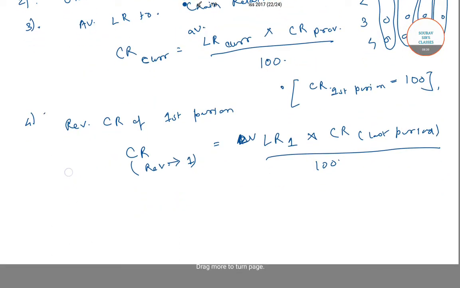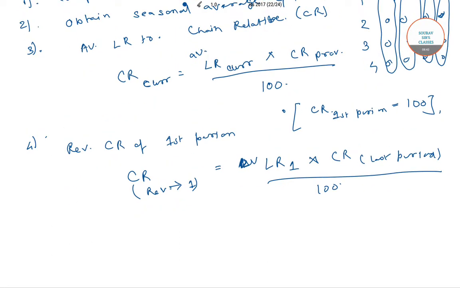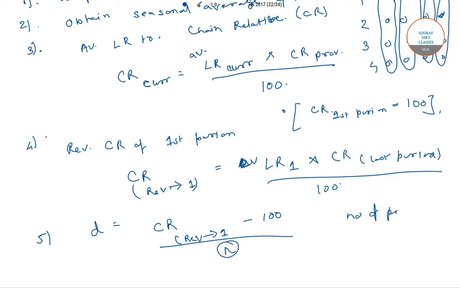Now we determine the constant correction factor D. So it is step number 5 that we determine the correction factor D, which is equal to the revised chain relative for the first period minus the initial chain relative for the first period, which is 100, divided by n, where n is the number of periods in 1 year.